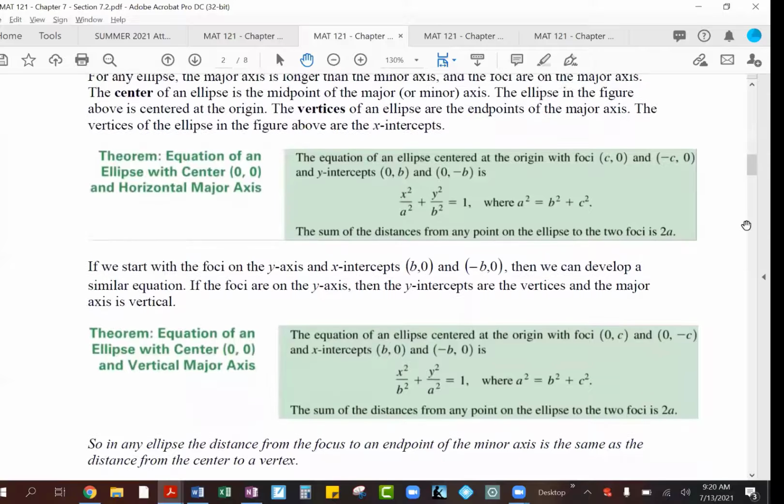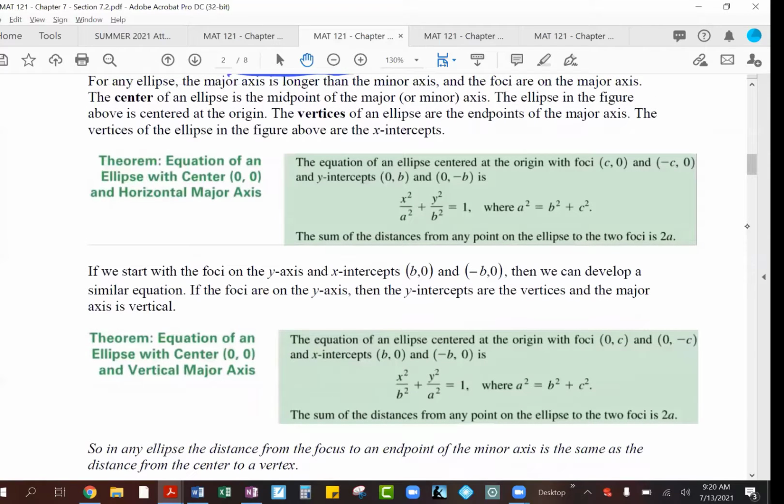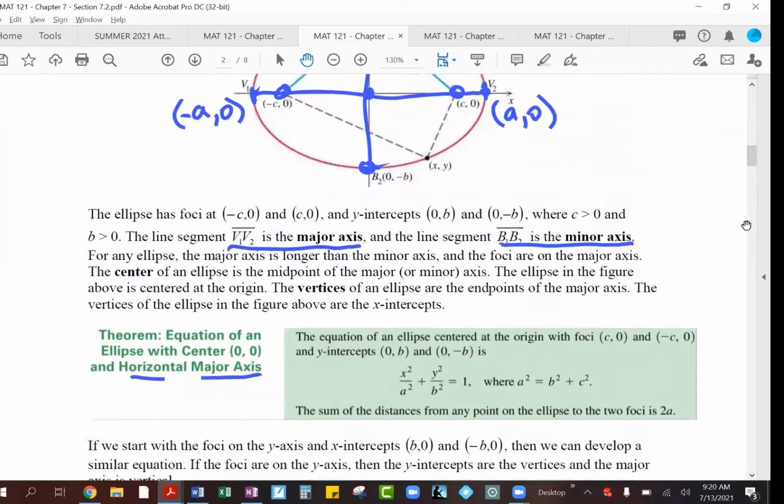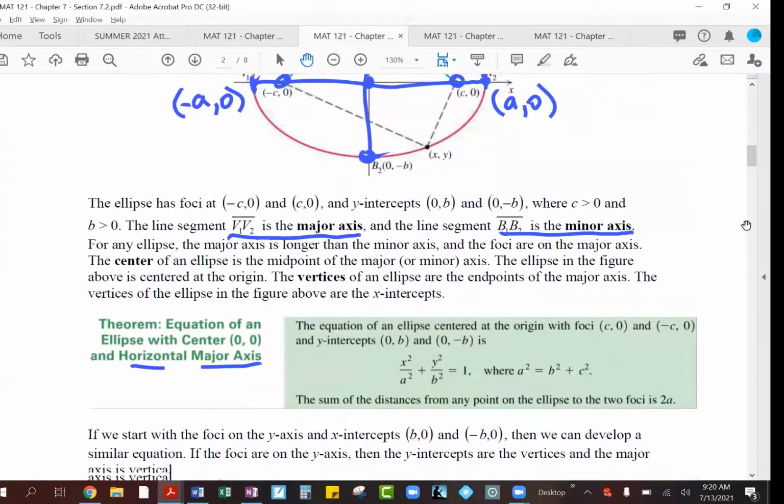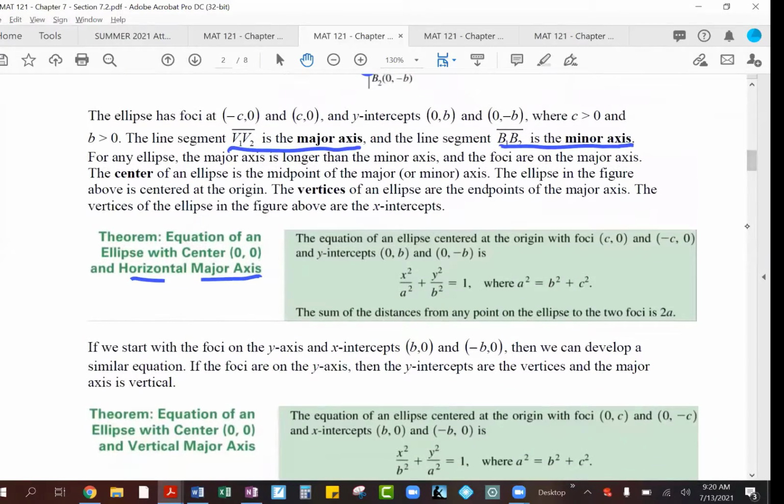So depending on if your ellipse has a horizontal major axis, which is what we saw in this image over here, with the center of your ellipse at (0, 0), the equation for our ellipse is going to be x squared over a squared plus y squared over b squared equals 1. This relationship is something you will need to remember because it changes when we go from an ellipse to a hyperbola.